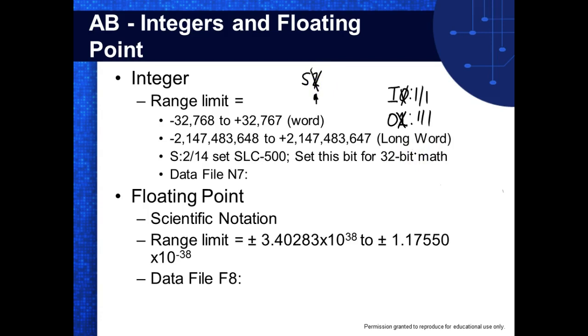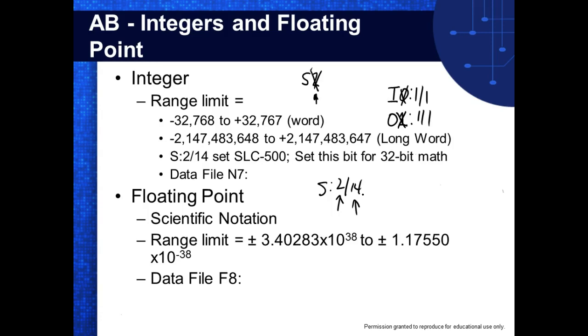If I say S, colon, 2/14, then this is the second word, the 14th bit. Does that make sense? If you set that bit, the next math operation you use is going to use 32 bits. If you don't set that bit, the next math operation is going to use 16.